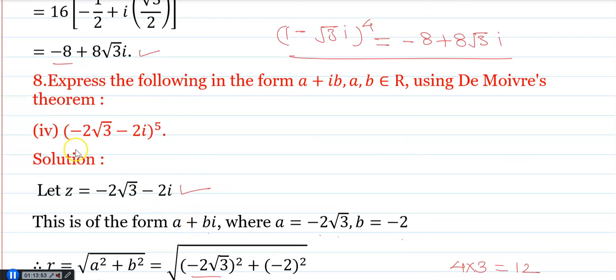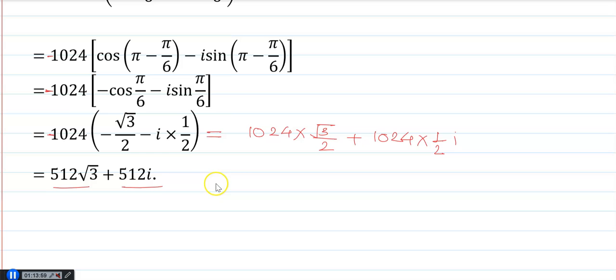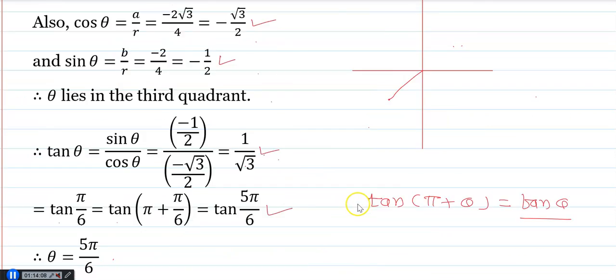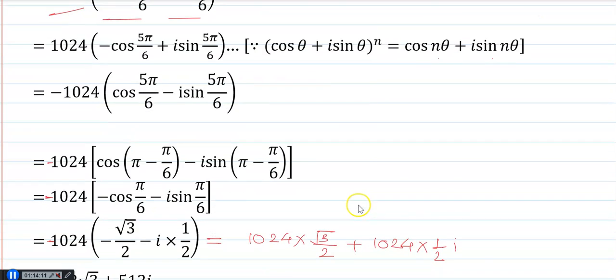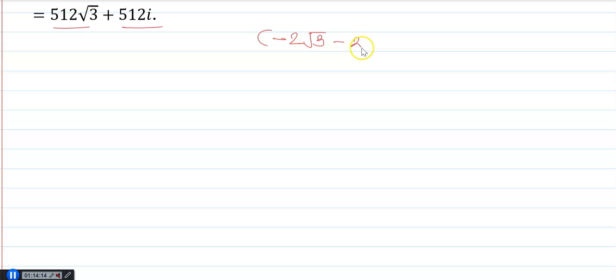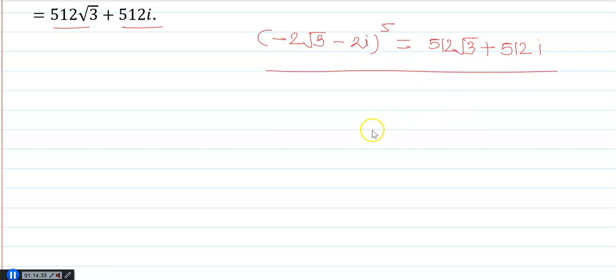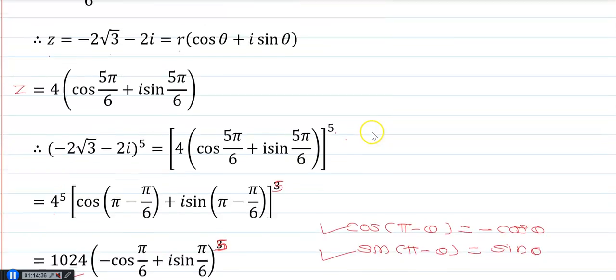Hence minus 2 root 3 minus 2i, bracket raised to 5, is written as 512 root 3 plus 512i, in the form a plus ib, by using De Moivre's theorem.